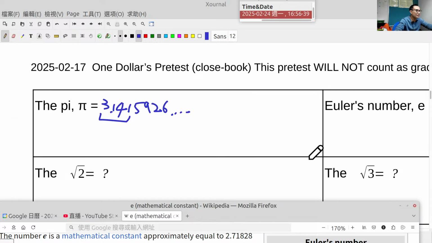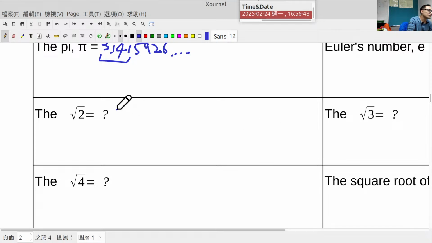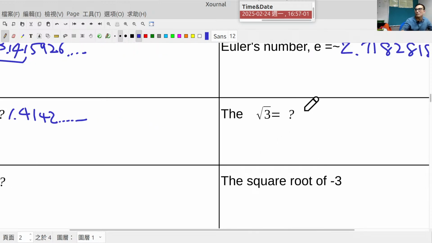Okay. The second one. What's this? Square root of 2. It depends on your calculation. Okay. How about square root of 3?